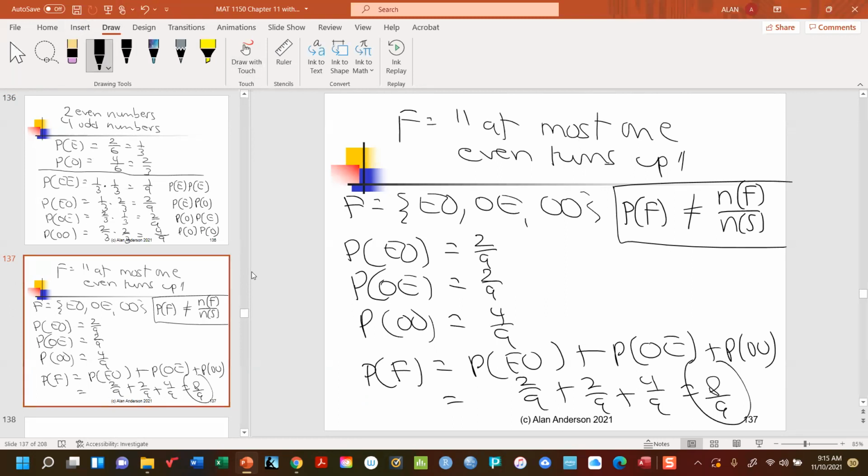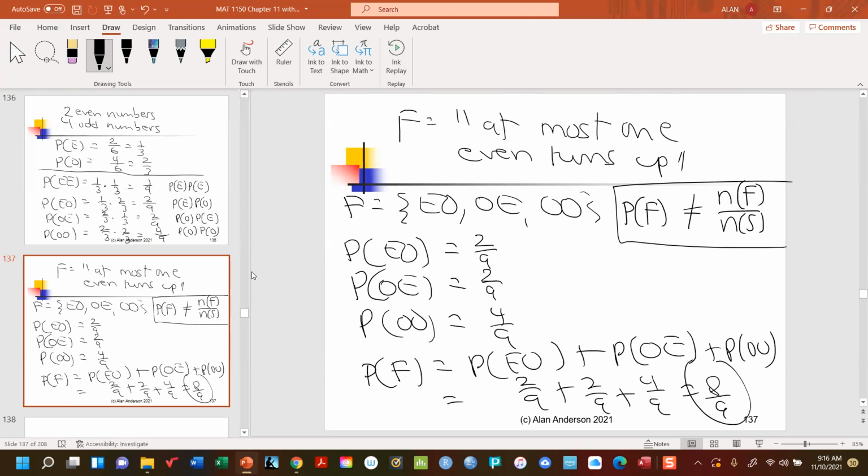EO and OE are 2/9 each. OO is 4/9. So when you add those up, you end up with 8/9, as opposed to 3/4, which we found when they were all equally likely. So all of a sudden, that probability is now 8/9, and you must do that by adding the individual probabilities together.